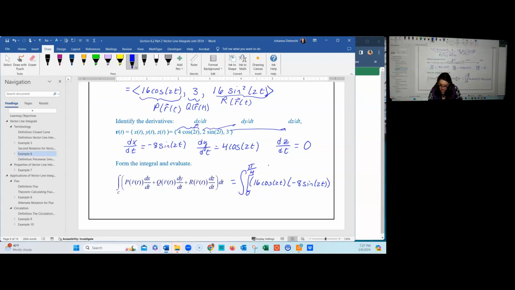Q of r of t is equal to 3 times dy dt, which is 4 cosine of 2t. Finally, we take R of r of t, which is 16 sine squared of 2t, and we multiply this by dz dt, which is 0, which is rather nice because then the sine squared part will drop out.